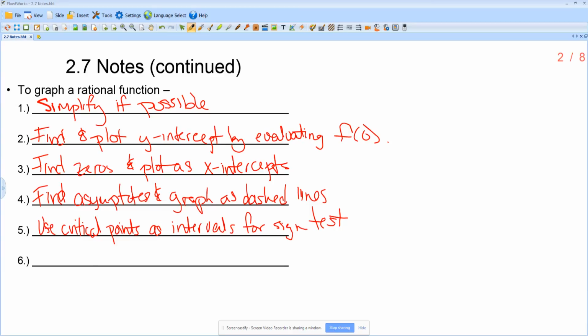And then last, sketch using a smooth curve. So looking at this list, 1, 2, 3, and 4, that was all stuff from section 2.6. 5, once you see it, it's not tough. And then 6 is just, draw the actual graph going through all this stuff.